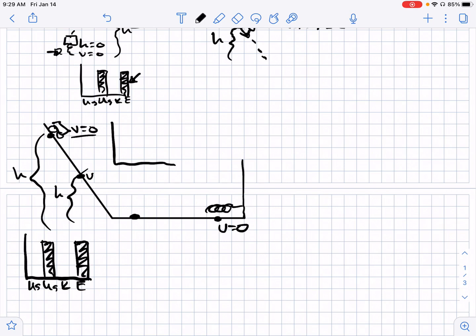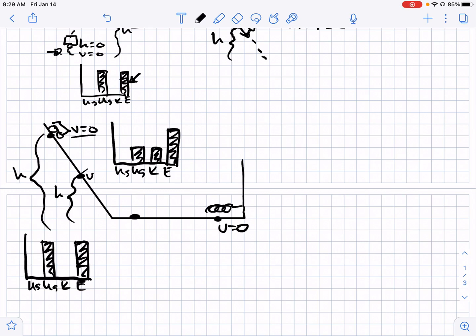And since it's halfway down the ramp, that means half of it is going to be gravitational, the other half is going to be your kinetic energy. So let's fill out our chart. Half of it is going to be gravitational, half of it is going to be kinetic. The total energy is going to stay the same.